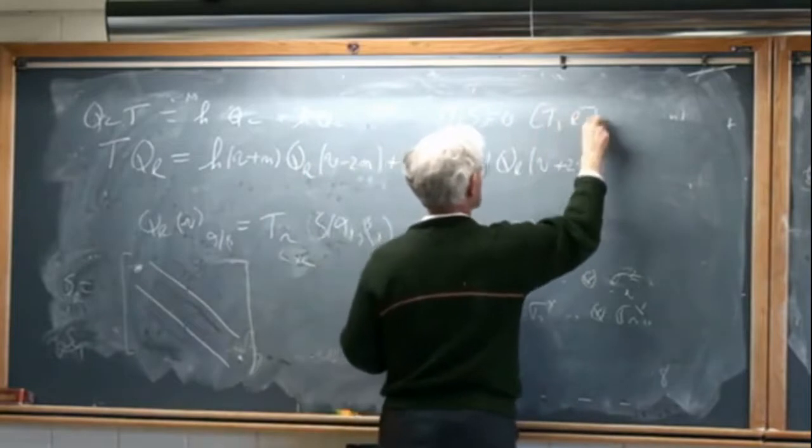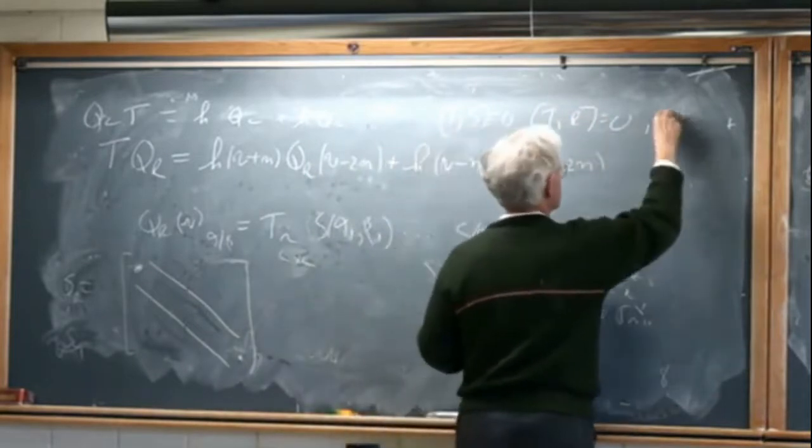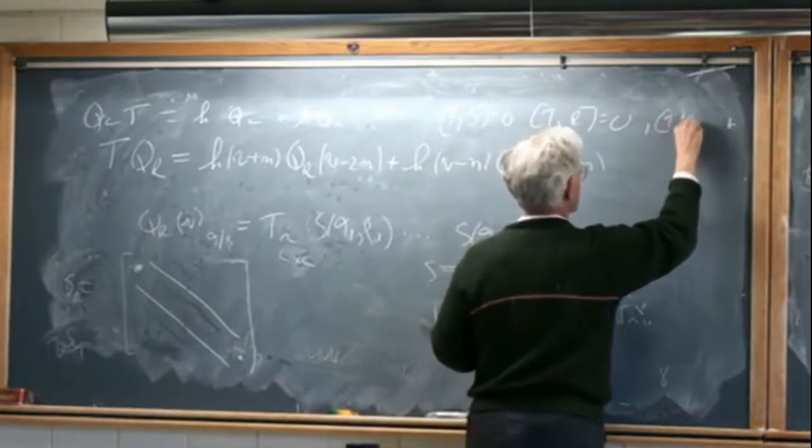P of R commutes. Because when we use it later, it becomes P of R S commutes.